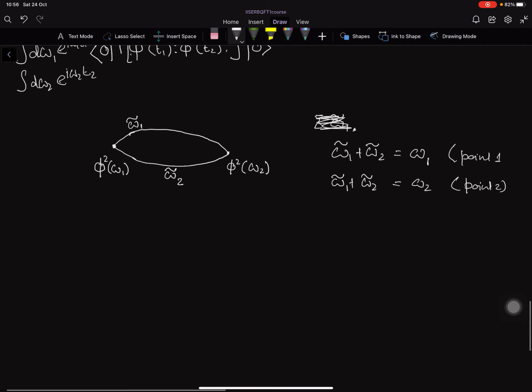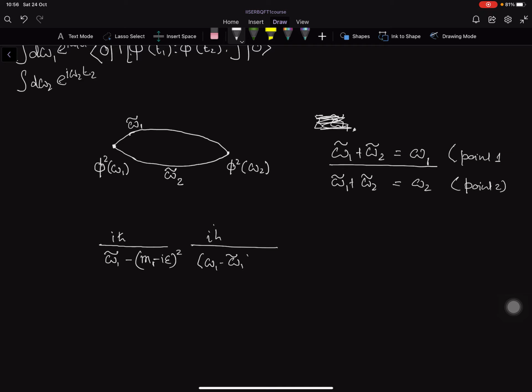So in this case, let's write the expression. So here we have i h bar over omega tilde 1 squared minus m, not m, minus i epsilon. Because of this frequency conservation rule, this will be simply omega 1 minus omega tilde 1, whole squared, minus m minus i epsilon, whole squared.